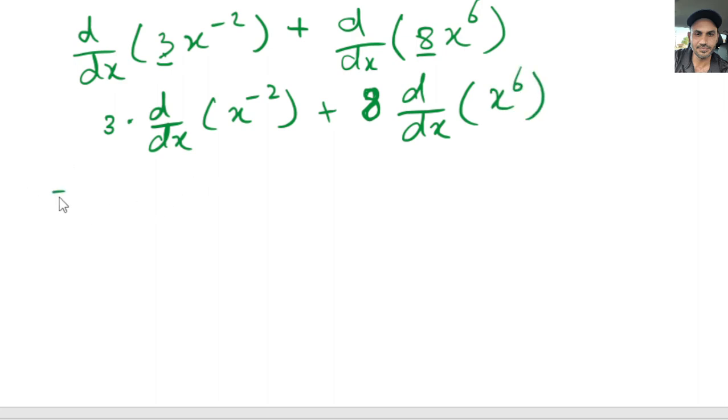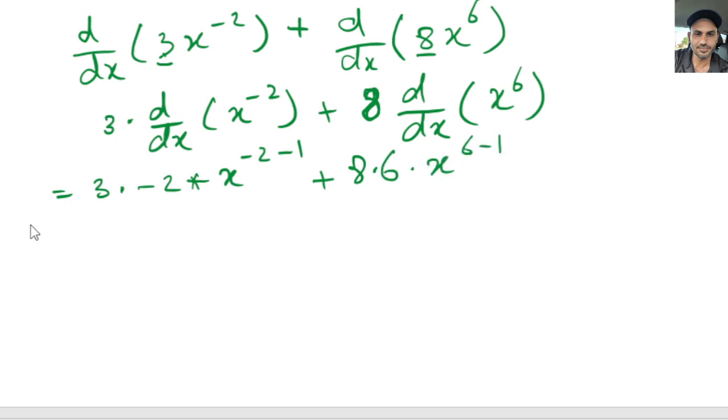Now we can go ahead and take the derivative. So 3 times, when we take the derivative, we bring the exponent of the variable to the front, negative 2 as a multiplier, times x to the negative 2 minus 1, plus 8 times the 6 comes to the front, x to the 6 minus 1.